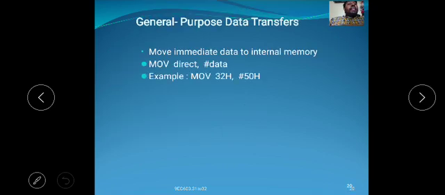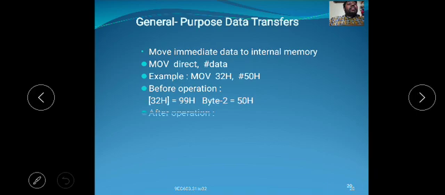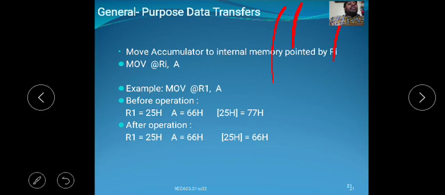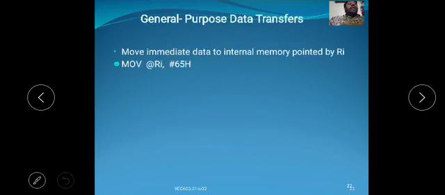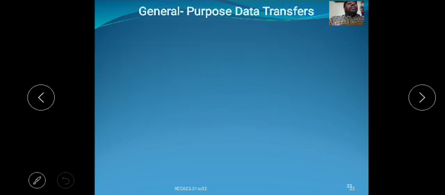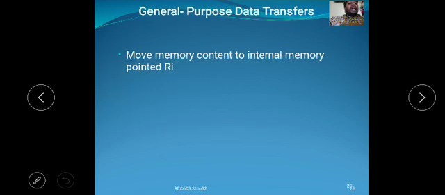Move immediate data to internal memory. Move accumulator to internal memory pointed by Ri. Move immediate data to internal memory pointed by Ri. Move memory content to the internal memory pointed by Ri.